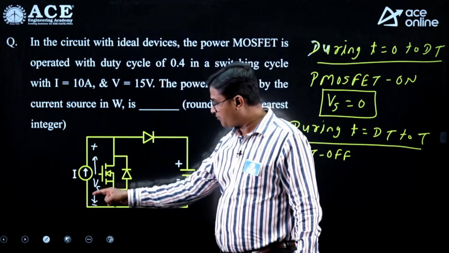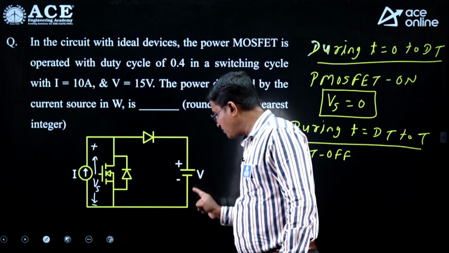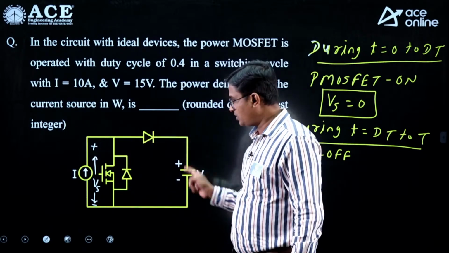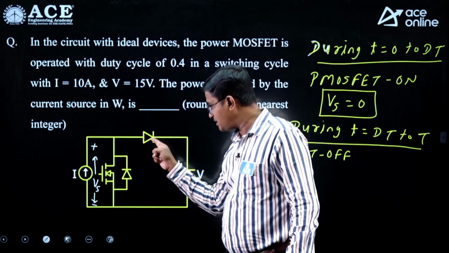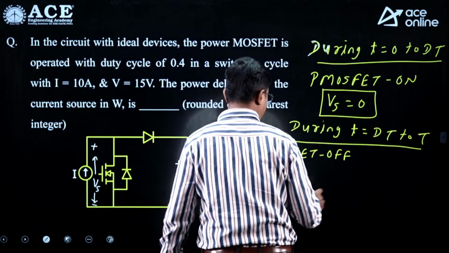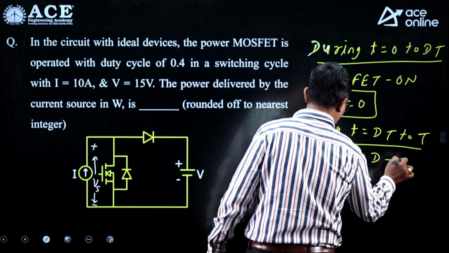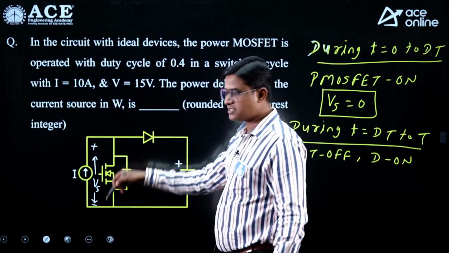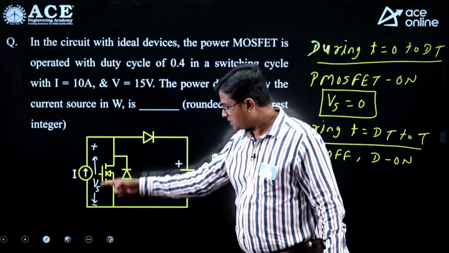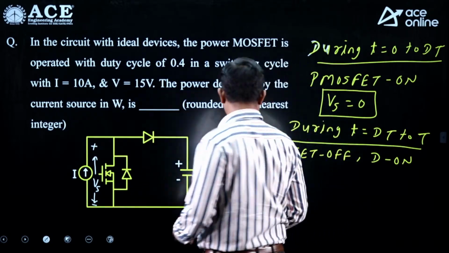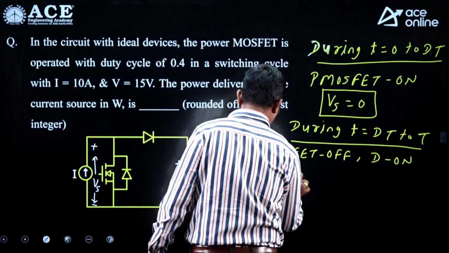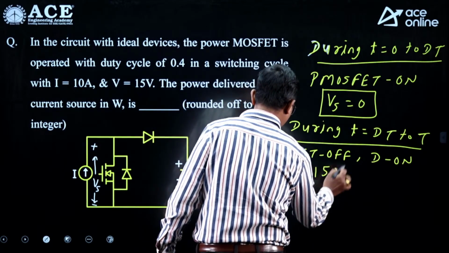So how will the current flow? I, diode and your voltage V, na? Right? So tell me, when this is in off state, can I say that this diode will be in on state? Yes, diode will be in on state. So when diode on, what is Vs? Can I say that Vs is equal to V only, right? Vs equal to V, which is equal to 15 volt they have given.